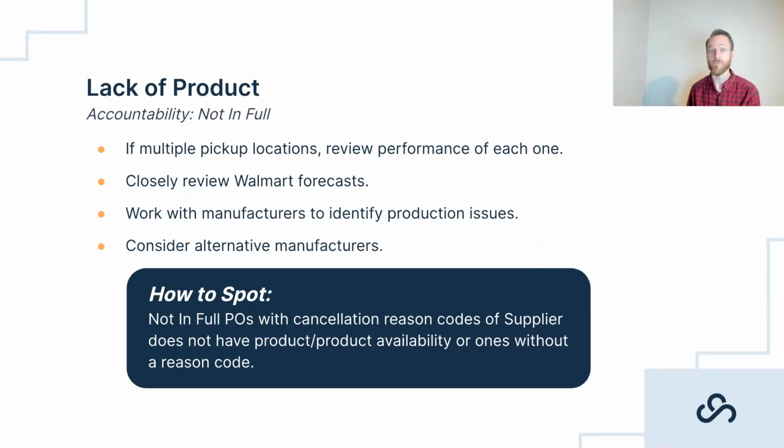And obviously you may have production issues or raw material shortages that could be challenging, and that's going to potentially get into other areas of your organization that may be harder to impact.